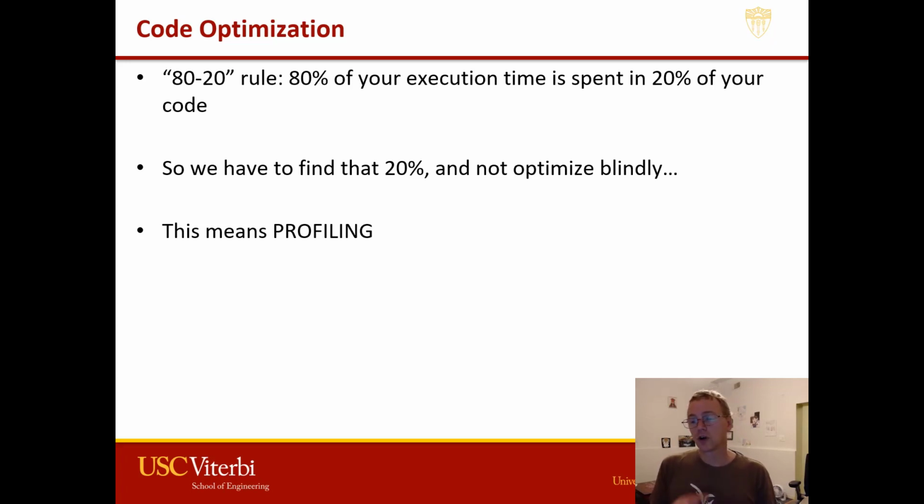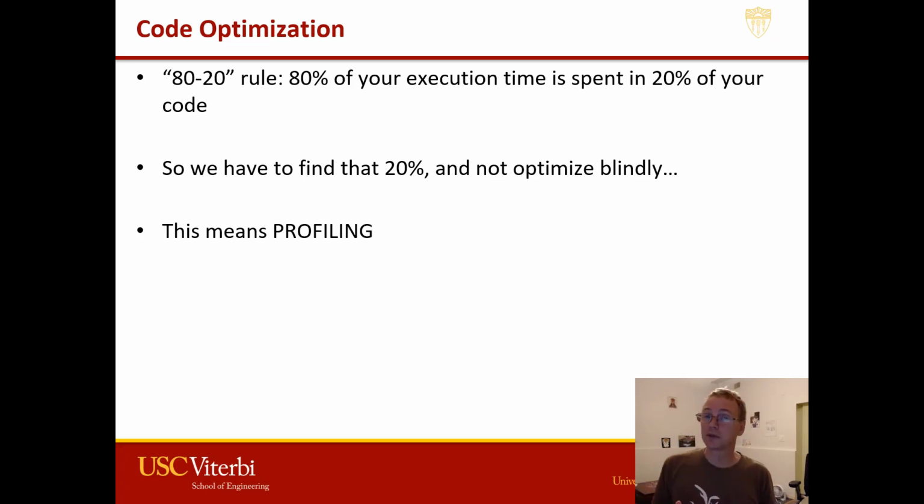So before you go around trying to optimize things, it's a good idea to first figure out where that 20% really is. And I want to caution you against trying to reason your way through this. Sometimes your assumptions may be very, very wrong on this.